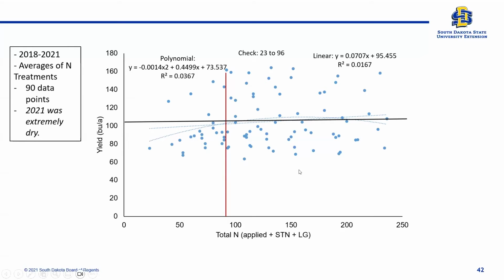And then if you look at the R square for both the linear and the polynomial equation, it's about a 3% relationship between applied nitrogen and the yield we have, which is very strange in this case. Part of it is because all of the fields we used were in soybean stubble.